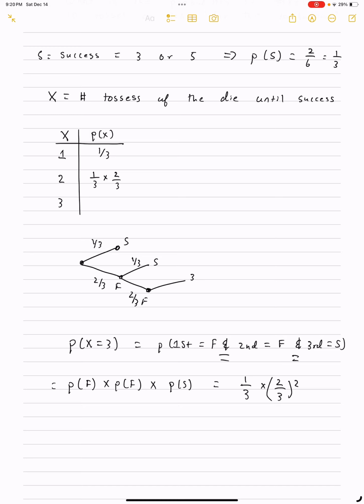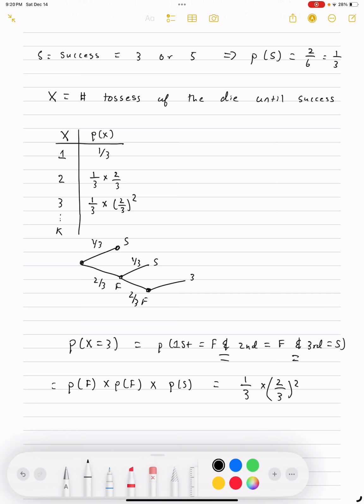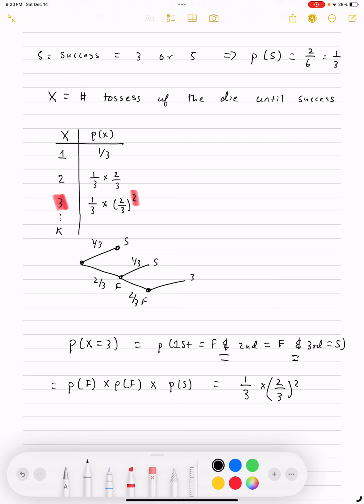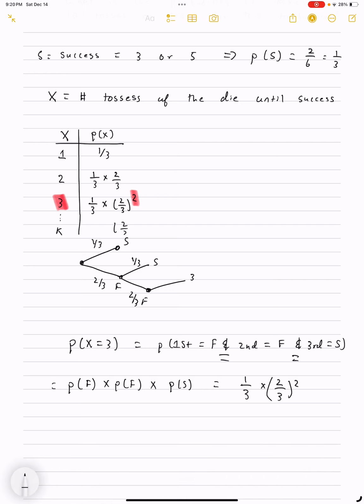I think that we're starting to spot a trend here. So, for instance, what is the relationship here between the value of x and the exponent? Well, it's 1 less. So this would be 2/3 to the k minus 1 times 1/3.